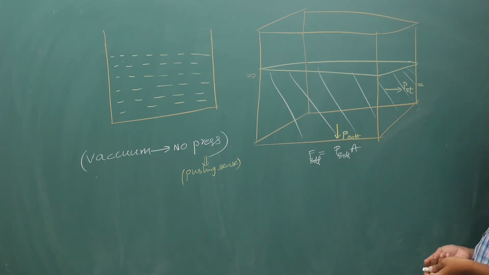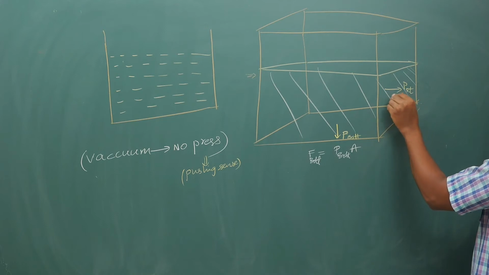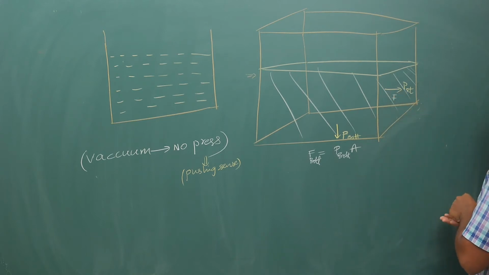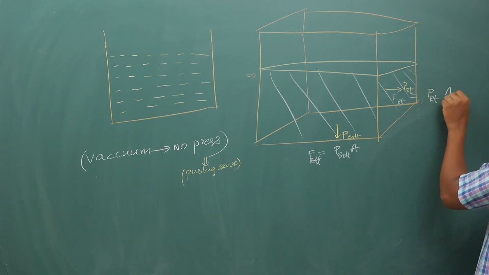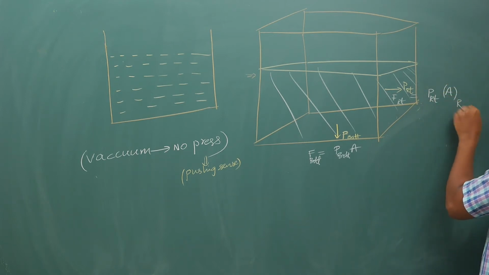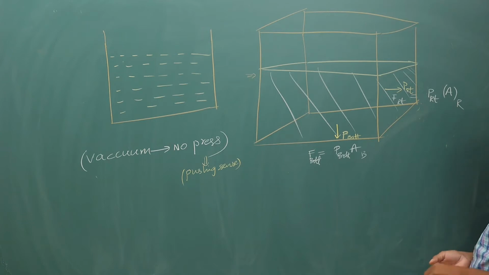Pressure is a scalar quantity, and for scalar quantities it's not a good approach to indicate a direction, but we will just try to give the direction. So your force towards right is pressure on the right surface into area of the right surface, and this is the area of the bottom surface.